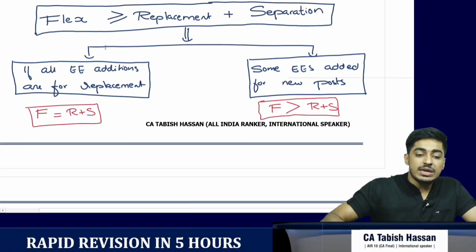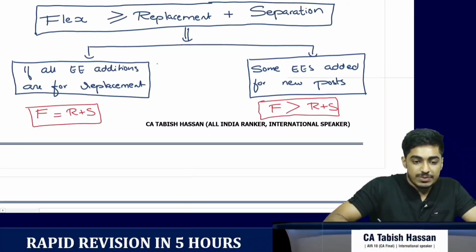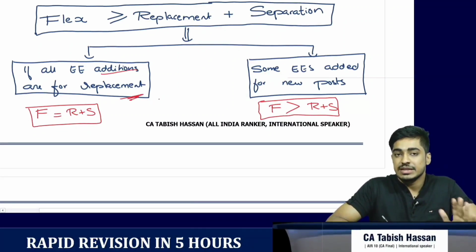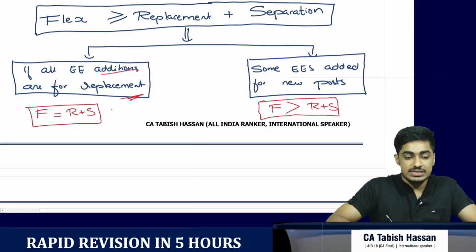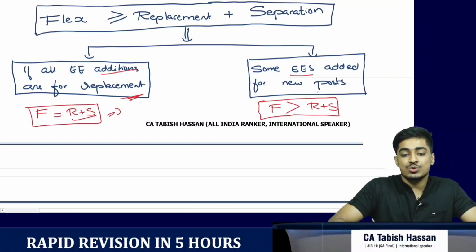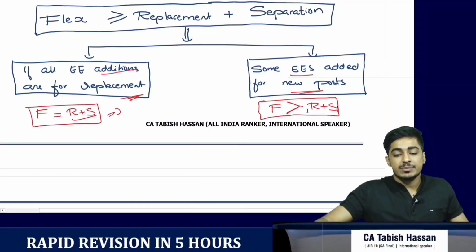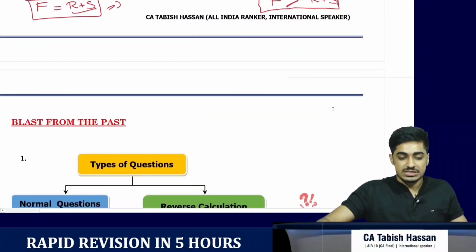So if all fresh employees added are only for replacement, that is there is no fresh openings, then flux will be equal to replacement plus separation. But if some employees are added for new post, then the labor turnover ratio as per flux will be greater than the labor turnover ratio as per replacement plus separation.